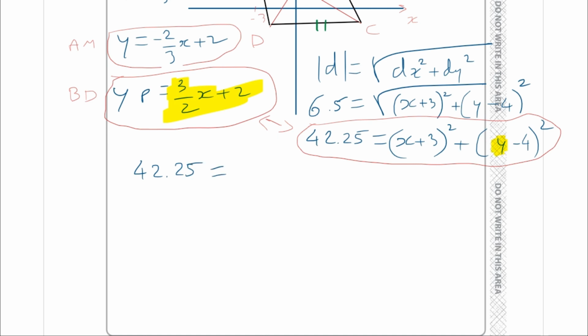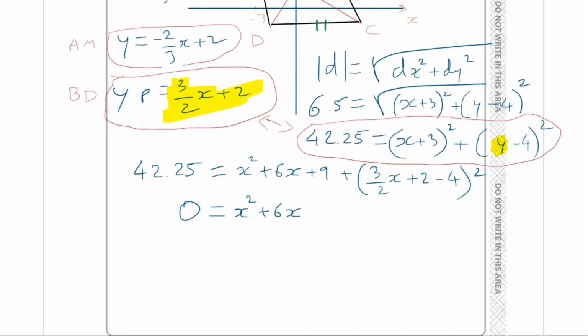So 42.25 equals, how do we square x plus 3 squared? This is x squared plus 6x plus 9. If you've made it so far in this question, you know how to expand x plus 3 squared. Plus y minus 4, changing the y into 3 over 2x plus 2 minus 4 and squaring it, making sure we move the 42.25 to the left. So we can say x squared plus 6x.